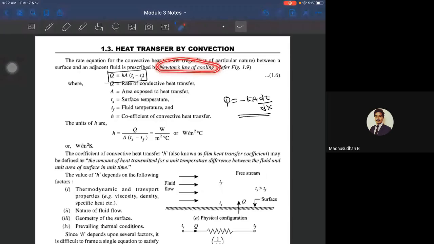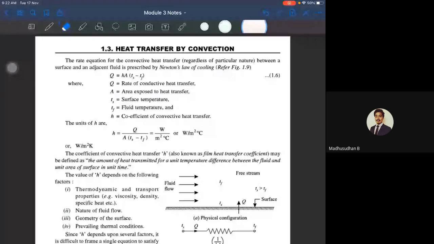So convective heat transfer is given by Newton's law of cooling, whereas conduction is given by Fourier's law of heat transfer. Q equals h A into Ts minus Tf, where Q is the rate of heat transfer, here convective heat transfer.